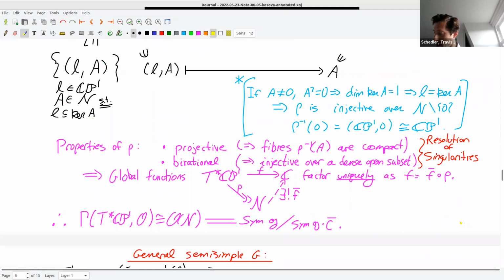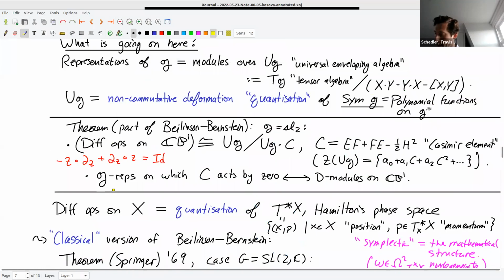As a particular consequence of that, it means that every function on this phase space, T star CP1, factors uniquely as a function on this cone, this square zero matrices. The global functions on this are the same as the global functions on that. And that's a version of this Beilinson-Bernstein result that we had here, which is telling you that global differential operators on CP1 are given by some similar quotient, but the quantum version of what we were just saying.